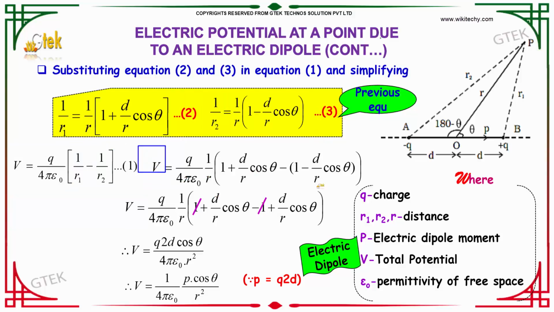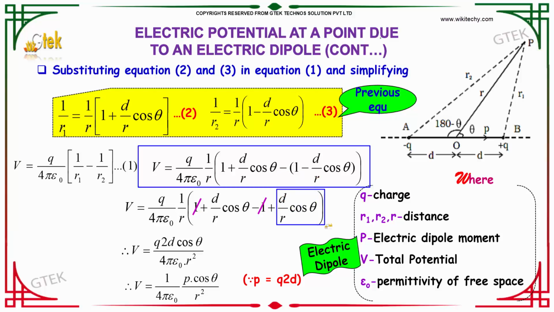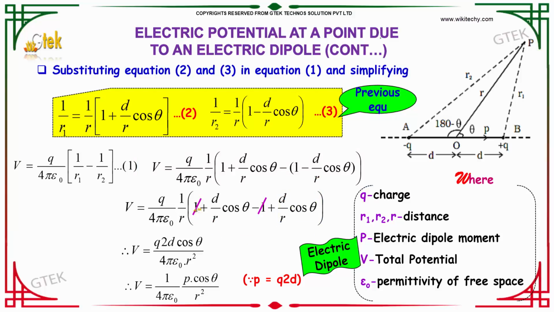So now this equation will become V equal to q by 4 pi epsilon naught 1 by r into 1 plus d by r cos theta minus 1 minus d by r cos theta. Multiplying minus, it becomes minus 1 plus d by r cos theta. Now we can cancel plus 1 and minus 1 over here.